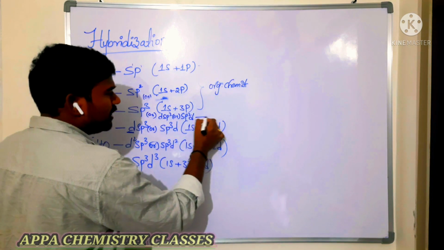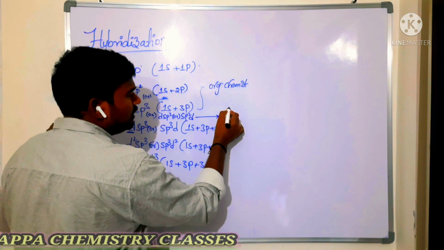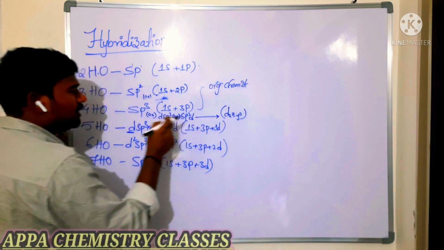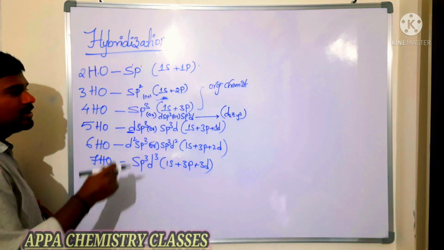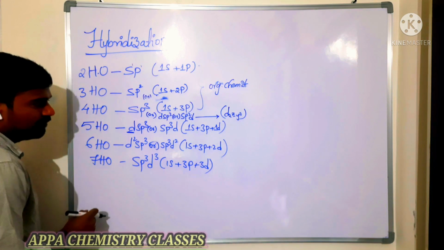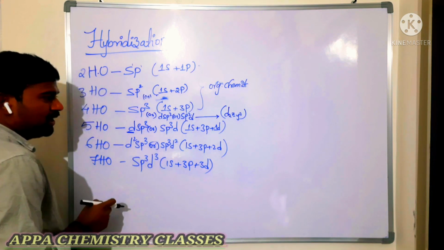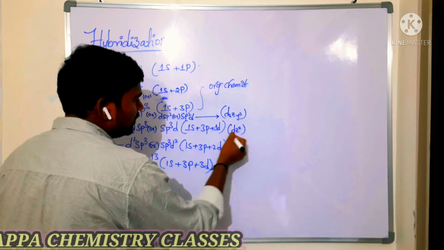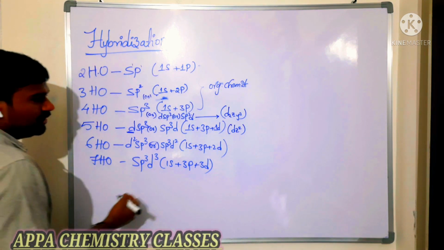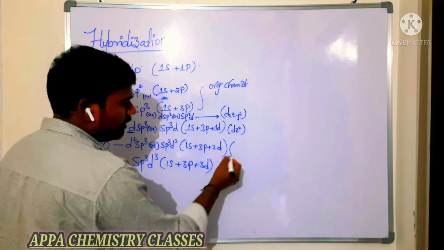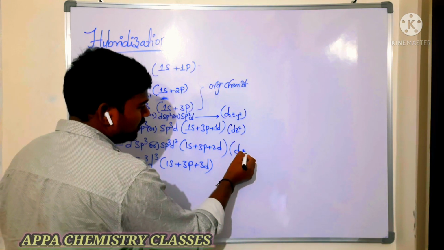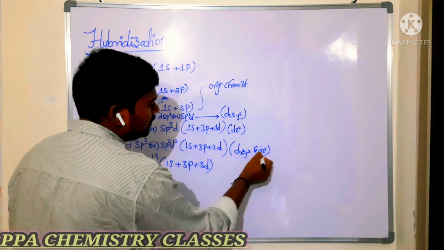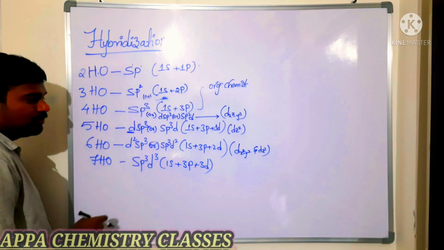In this case, dx square minus y square orbital participates in dsp2 hybridization, that is square planar geometry. In sp3d hybridization, the dz square orbital participates. In d2sp3, two d orbitals, that is dx square minus y square and dz square, participate in hybridization.